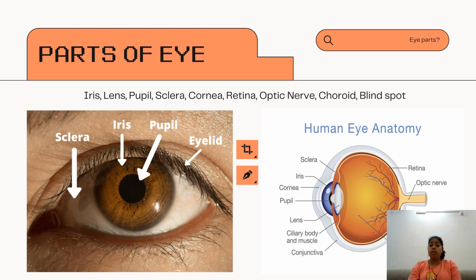Damage to an optic nerve can lead to vision loss in one or both eyes. Choroid. The choroid is filled with blood vessels that bring oxygen and nutrition to your eye. Blind spot. Photoreceptors are absent in this region and hence there is no image detection in this region.